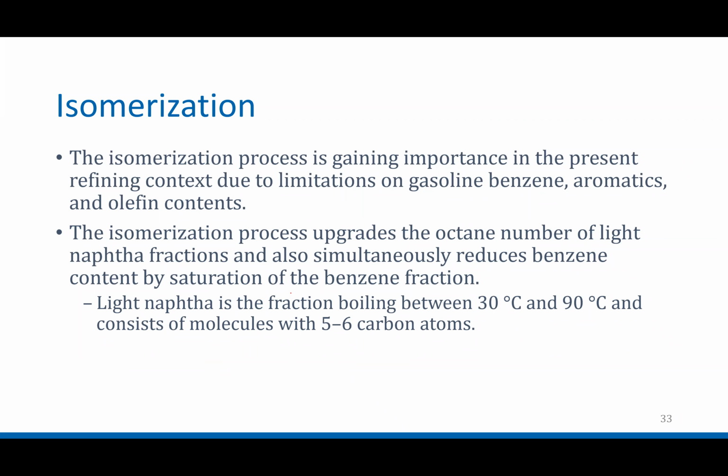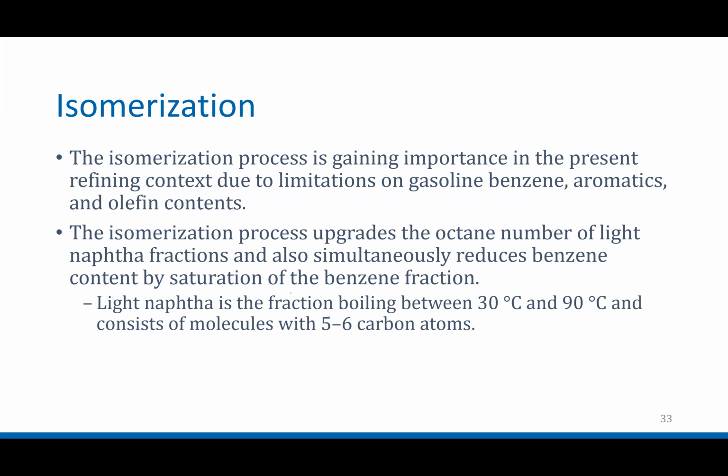The isomerization process is gaining importance. I did my research for this course within the last couple of years, and the isomerization process, that's hard to say, is gaining importance. You're seeing it more and more due to certain limitations of the products that we get.